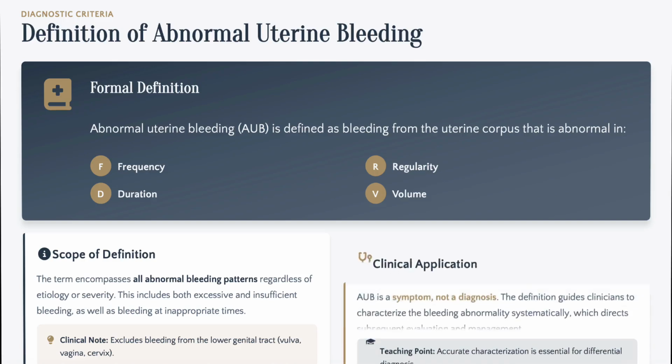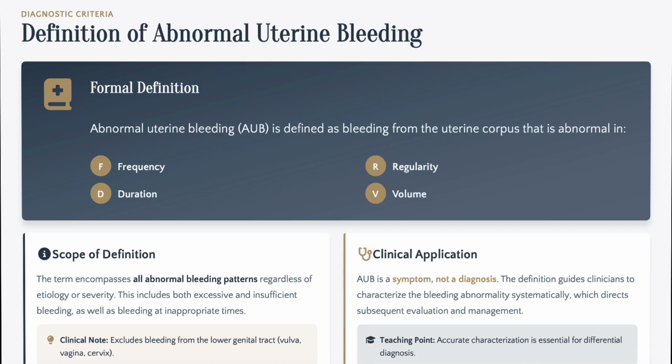An important clinical note is as follows. This definition specifically excludes bleeding from the lower genital tract, meaning the vulva, vagina, and cervix. We are talking specifically about uterine bleeding, bleeding from the uterus. So here is a critical teaching point.